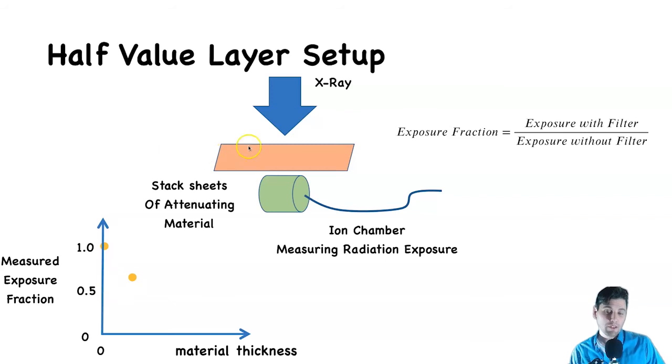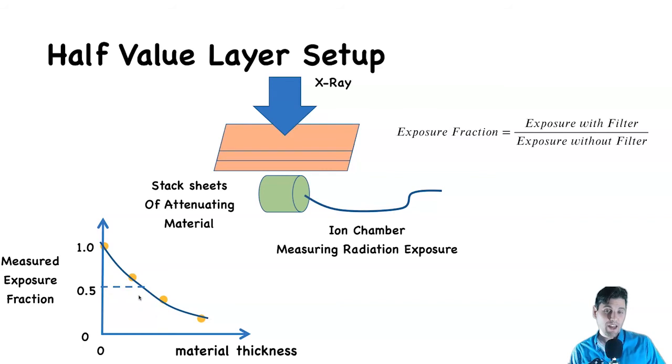Then we insert another piece of material, and then we can get another point on this curve. We insert another piece of material, we can get another point on this curve. Then the idea is we do a fit here, and we can see the relationship between the material thickness and this exposure fraction. And then we want to know what's called the half value layer.